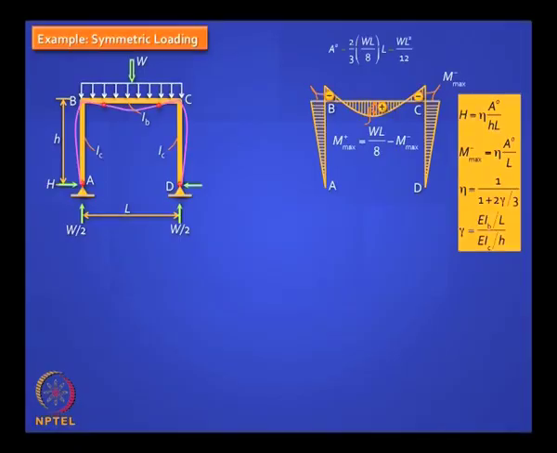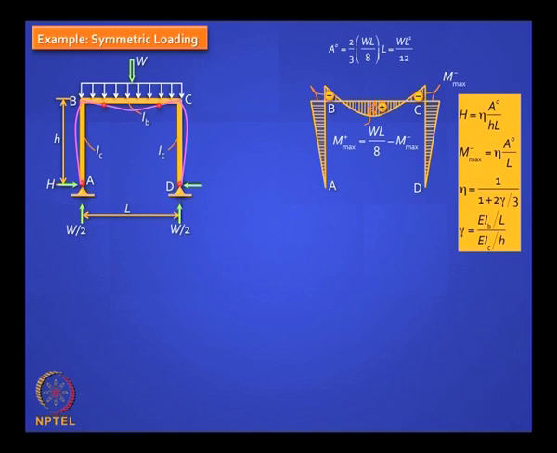Do you agree to this expression? 2/3 into WL by 8 into L will be the area of the free moment diagram, that is A0, that is all you have to calculate, that is WL squared by 12, and that divided by L is WL by 12 into eta.